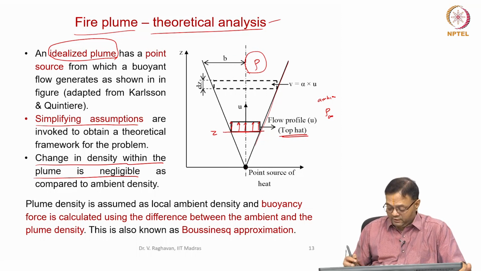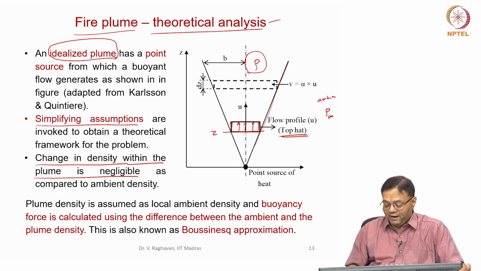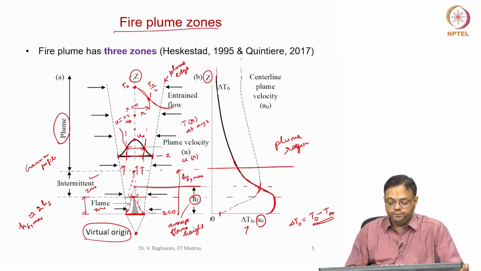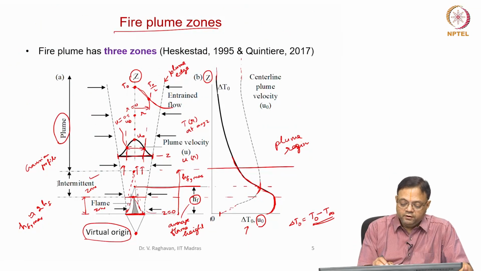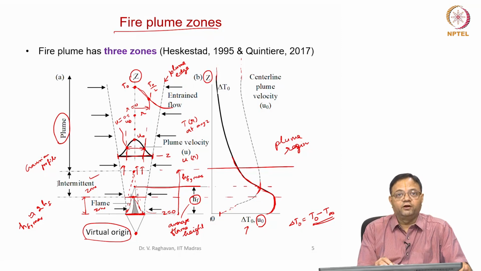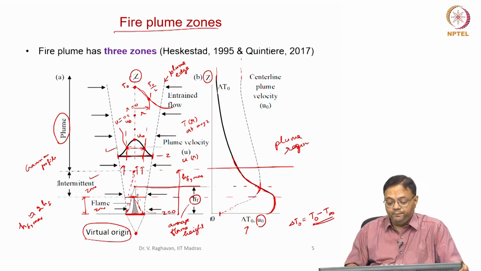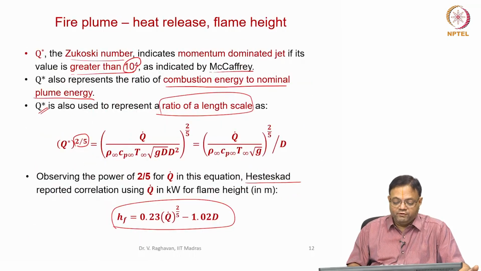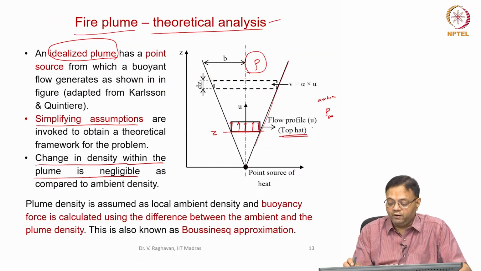But in reality, we saw a Gaussian profile. If you go back, this is the realistic velocity profile that we have shown here. But for theoretical analysis, at least initially, we will consider a top hat profile.